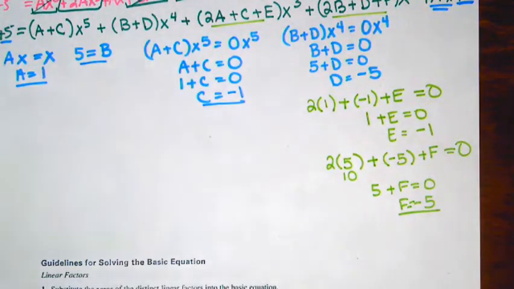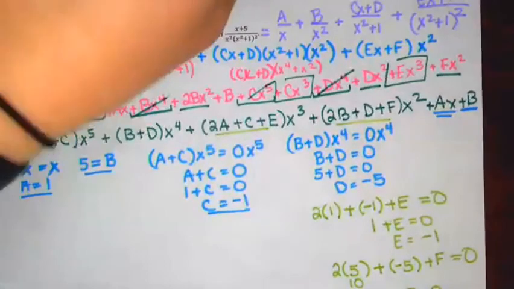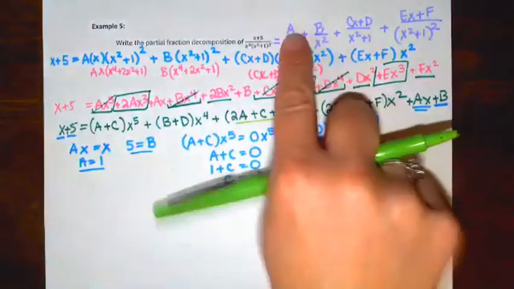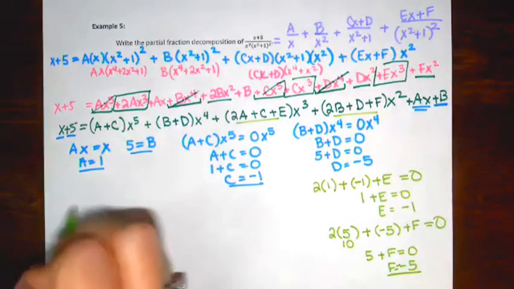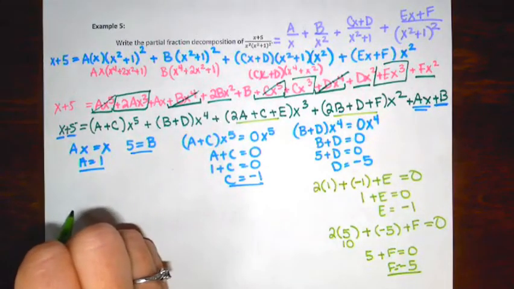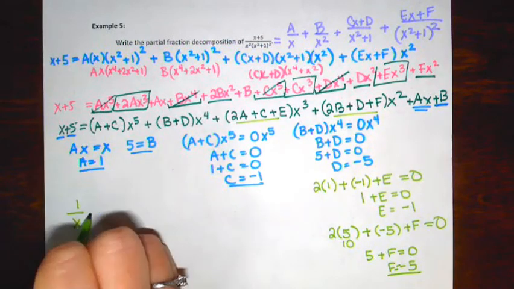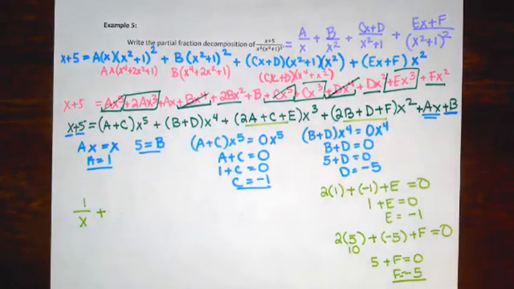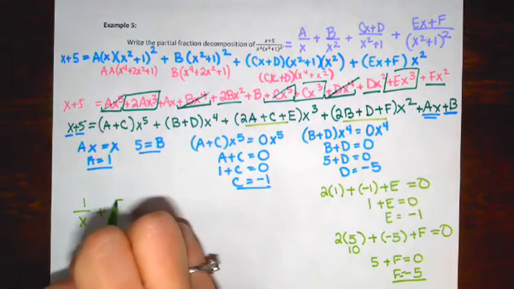Yes. So let's write our partial fraction. Let me zoom out. Okay, so going from the purple there: a over x. What's my a? 1. So 1 over x, plus b over x squared. What's my b? 5. So 5 over x squared.